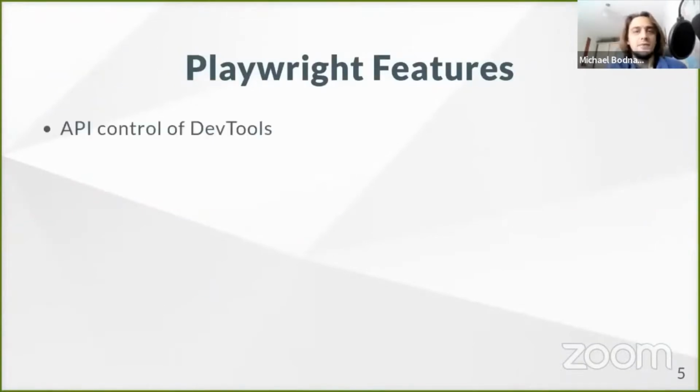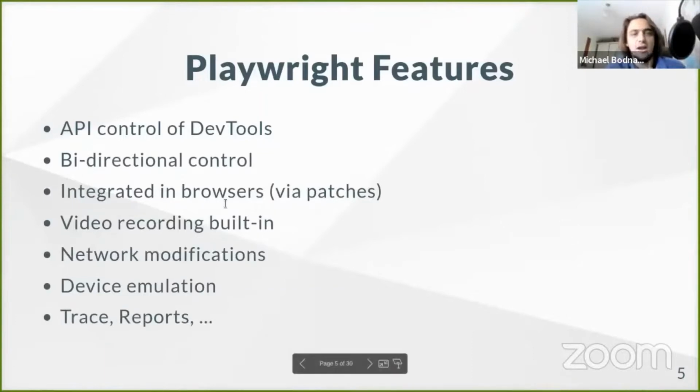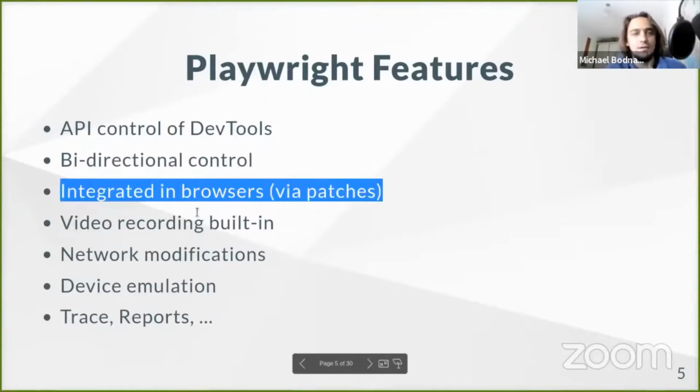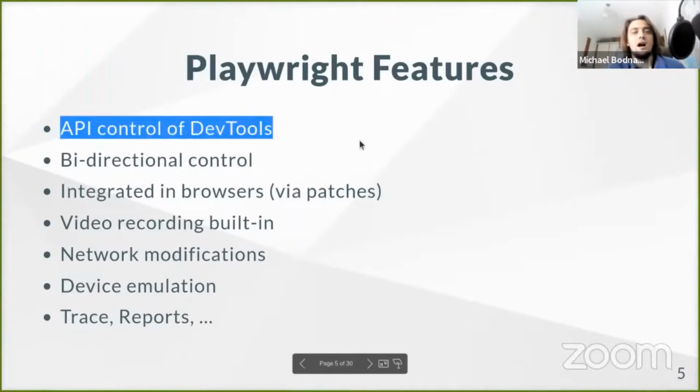It has lots of features, and I'm not sure I will list all of them. They have an enormous list of features, and you should just go to their website to check what they have now. I will mention a few of them. First of all, think of Playwright as API access to DevTools.